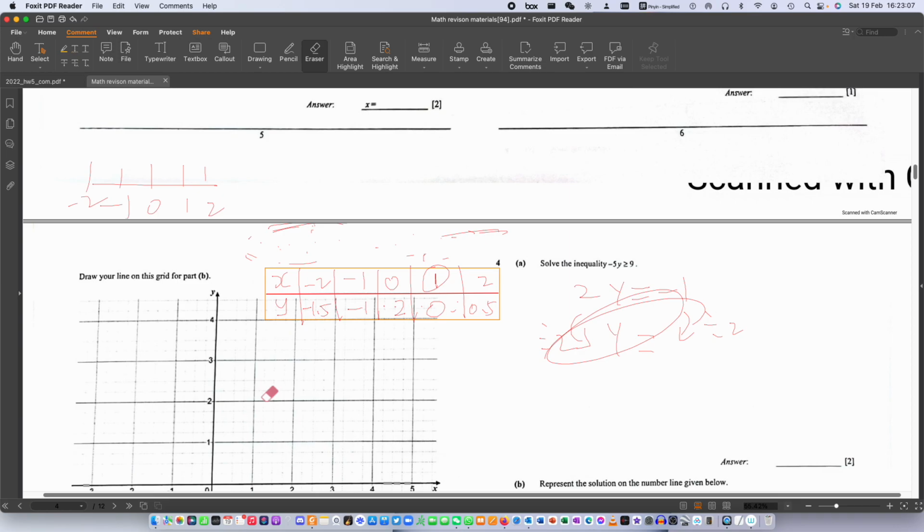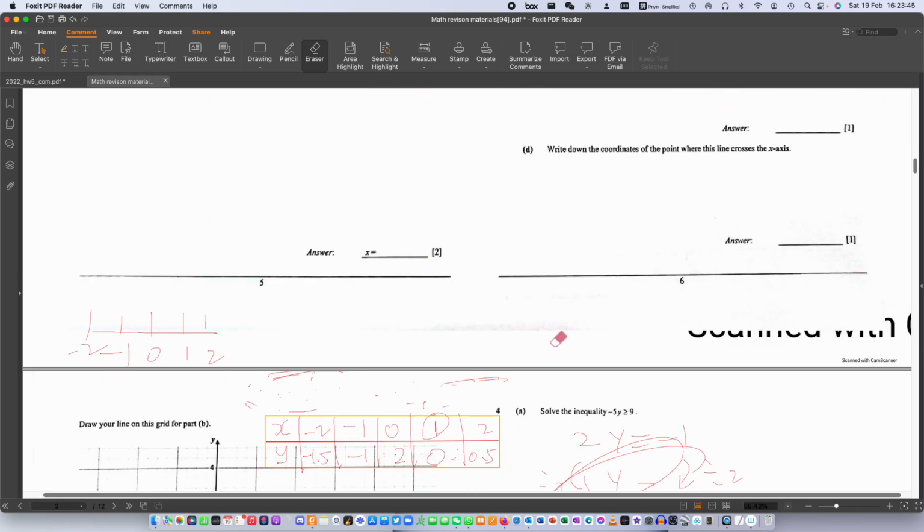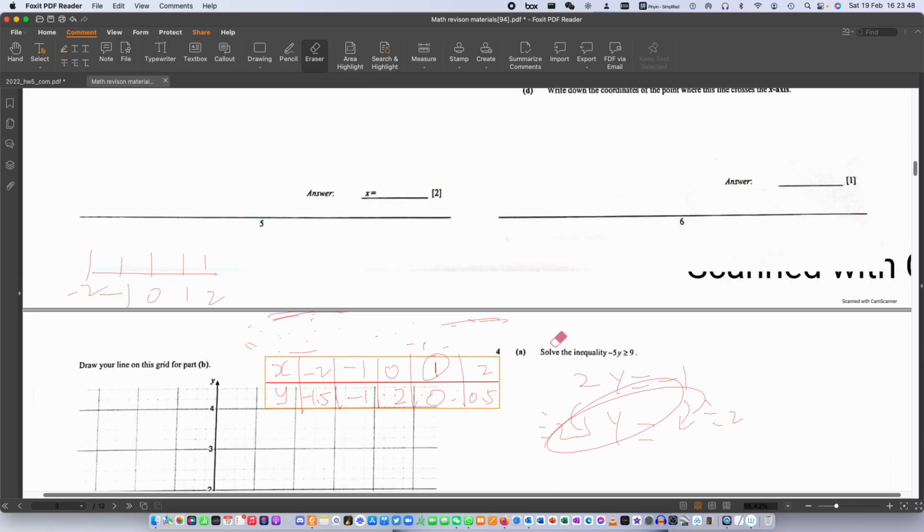Which point are you at now? 2 and 0.5. Did you make a mistake or not?